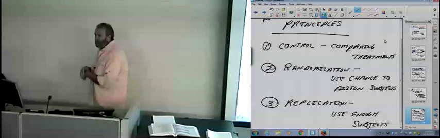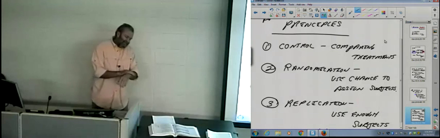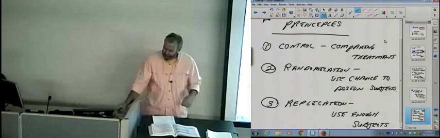Now, I got some language for you about these differences and how large they are.